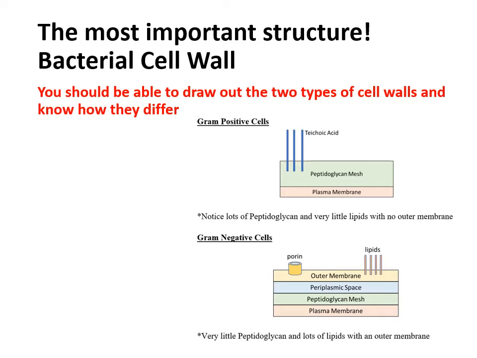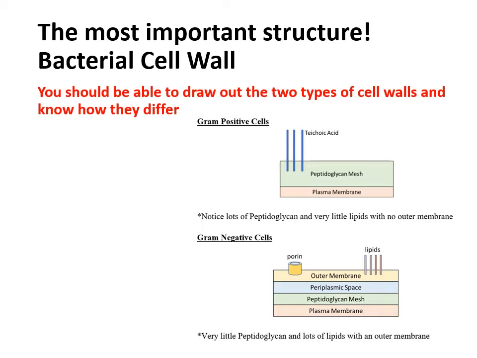There's also their plasma membrane, which we also have. Okay, so notice all cells have a plasma membrane. And then for gram-positives, there's teichoic acid sticking out, and we'll talk about that soon with regard to giving certain cells a bit of extra toxicity and also sometimes helping with attachment.